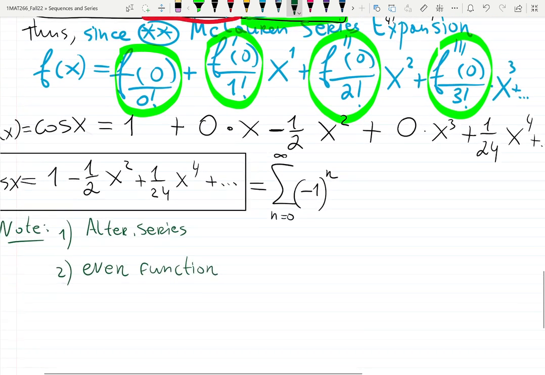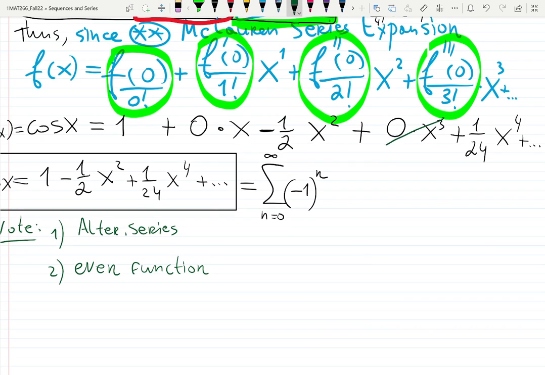Everything that had an odd power was 0. That makes sense. So now it matches everything we know about that as well. So how do we write down an even power anyway? x to what? How to write down even numbers? 2n, right? 2n, and then you just need to know where to start, from 1 or from 0. So if n is 7, which is odd, 7 times 2 is 14, even. Makes sense.